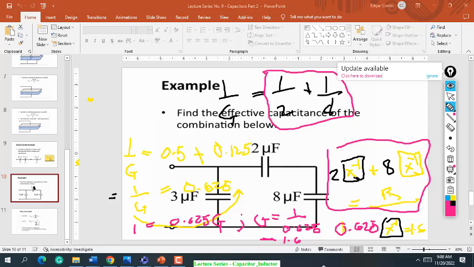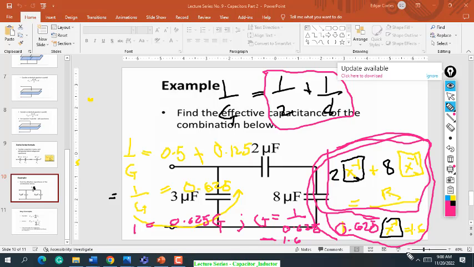But what if we have many capacitors? Then use the calculator. It is advisable to practice this technique using a calculator. Calculators and apps are available on cellphones today. Do you get it? Yes, sir.